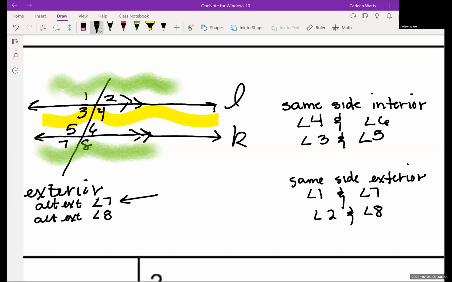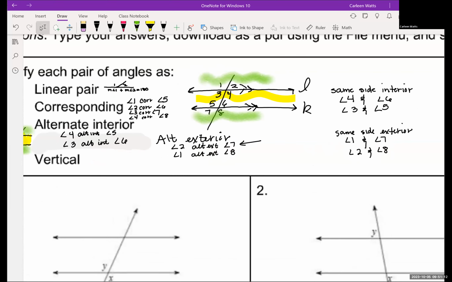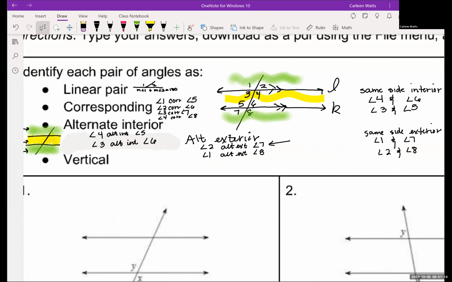Okay, it's a lot of vocabulary, but really you're familiar with the words interior and exterior. And then we have same side, alternate. And then the only other one is corresponding, which is top left, or whatever the place is.